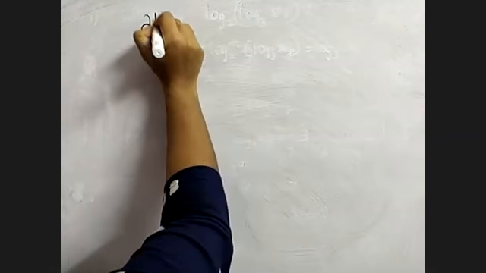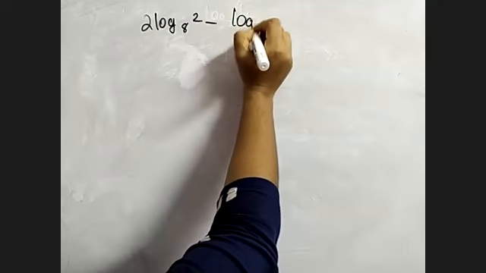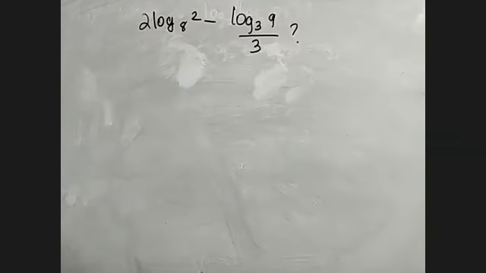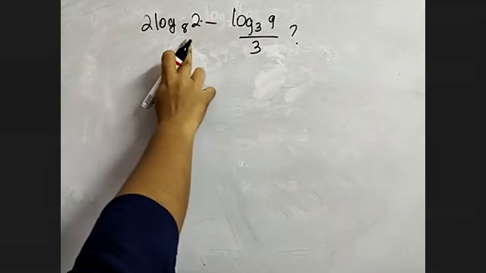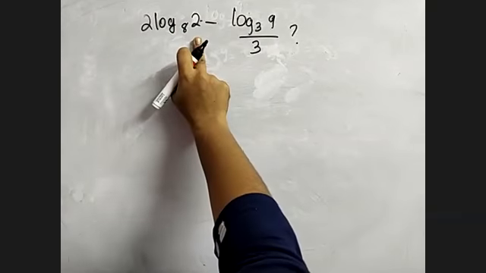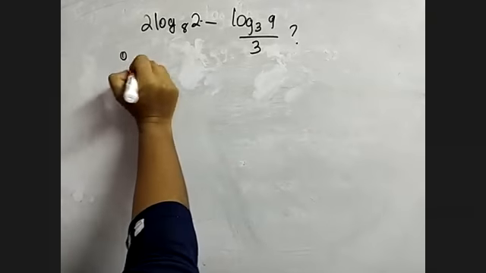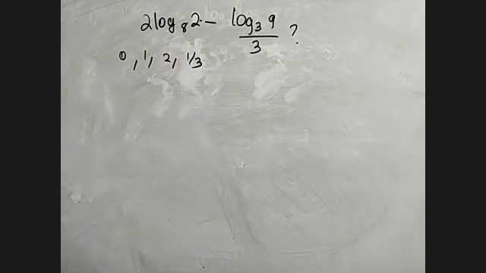What is the value of 2 log to the base 8 of 2 minus log to the base 3 of 9 by 3? The options are 0, 1, 2, 1 by 3. Do and tell me.